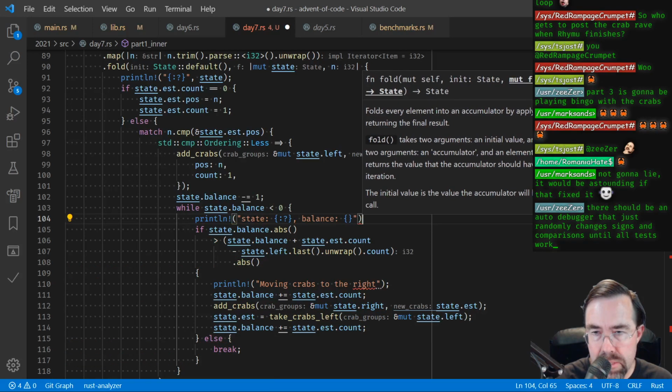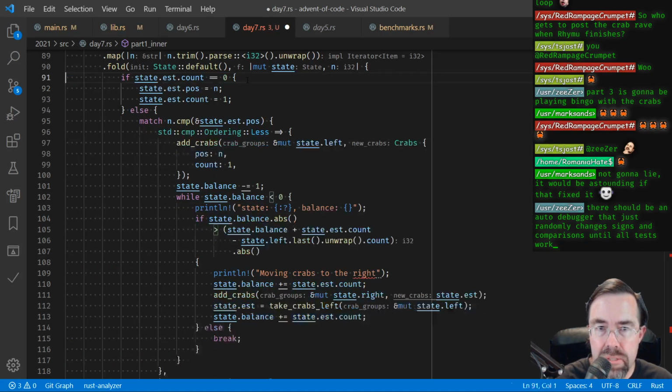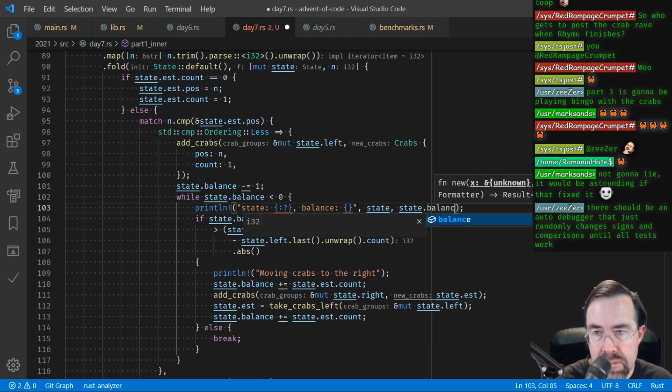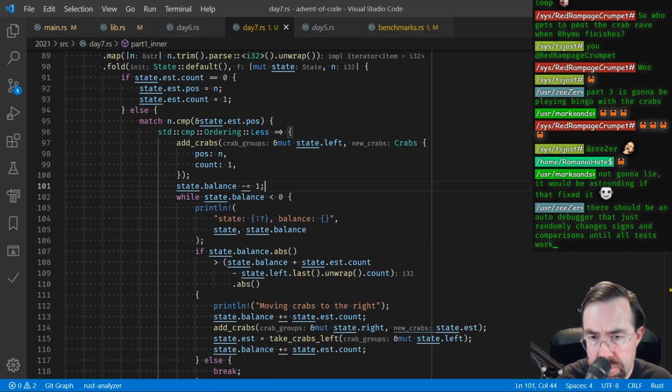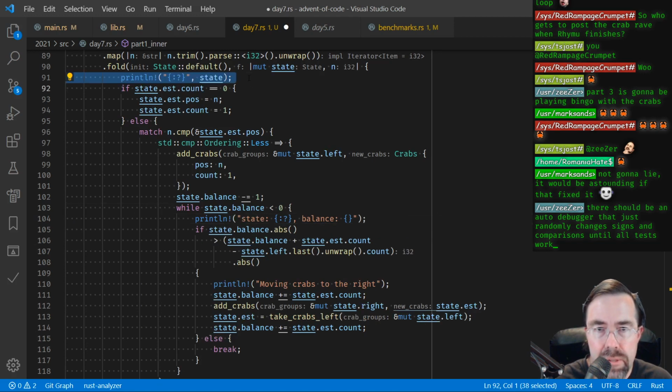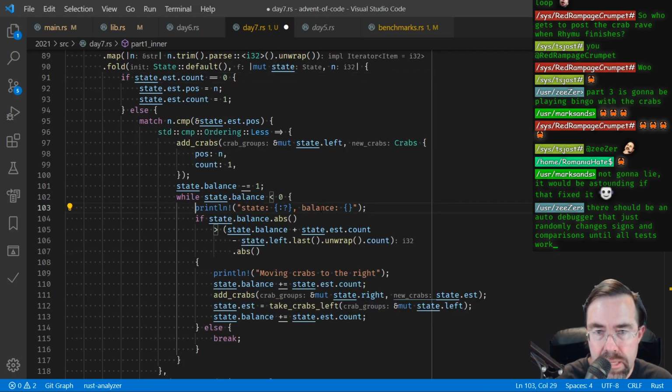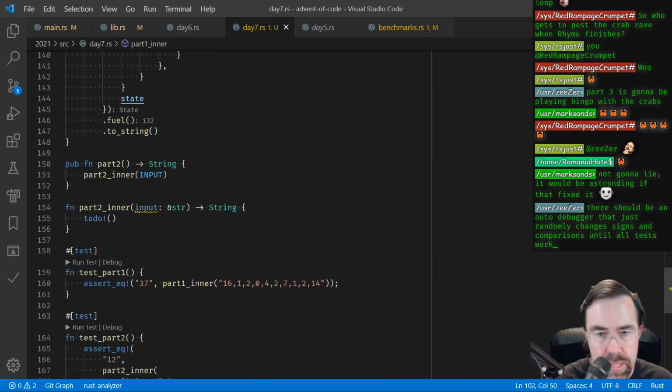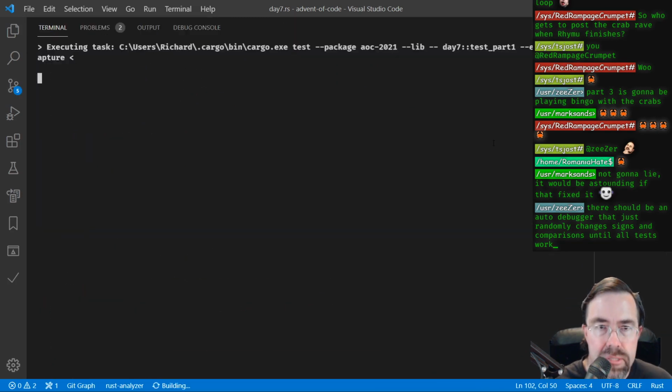Let's just do this instead of this, and let's just print that. Actually, I know the balance is there. What am I doing? I don't know what I'm doing. I think I need to print it there because I need to print it after the balance is changed. So I think that has to do with my bug, as I was looking at that wrong.